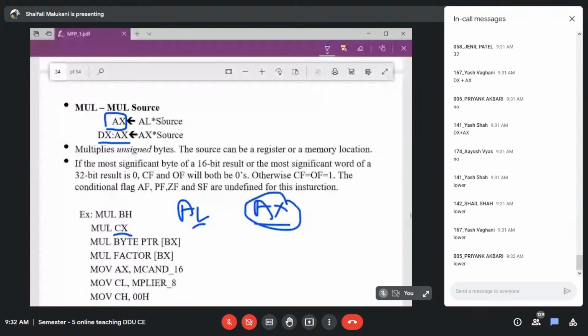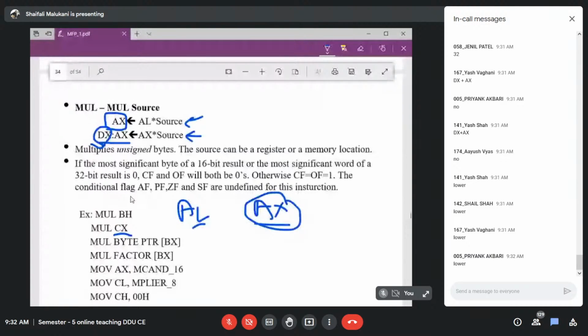Whenever the result goes into AH here, that means your multiplication goes to 16-bit multiplication in the case of 8 into 8. And if your multiplication goes to 32-bit, that means DX stores something, a non-zero value, because of this operation.